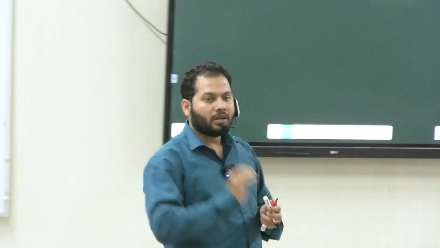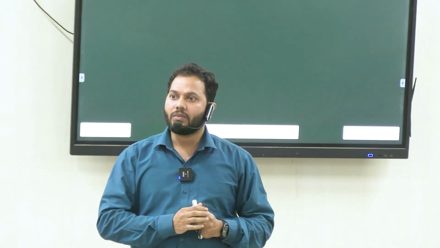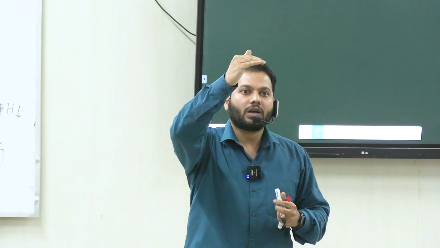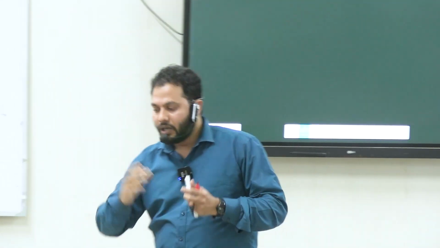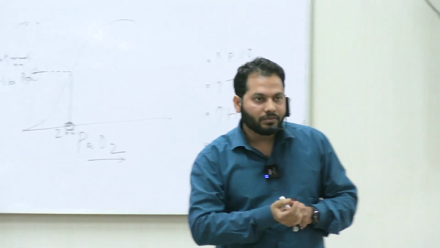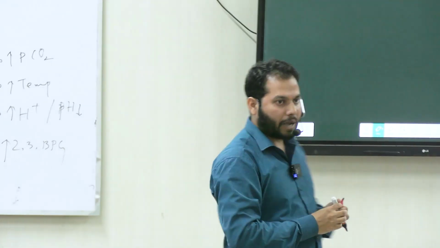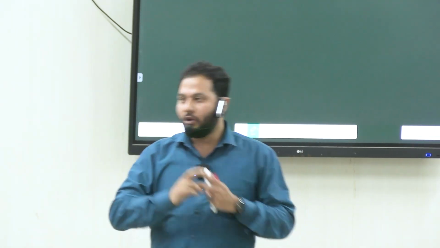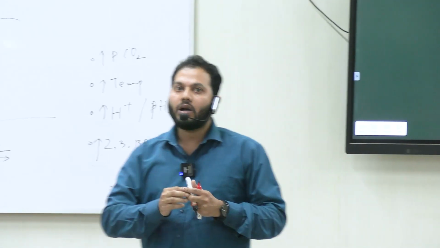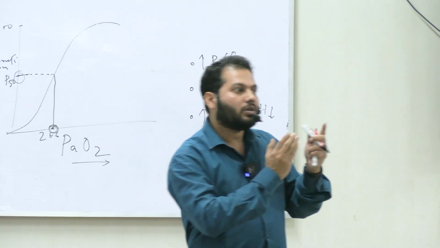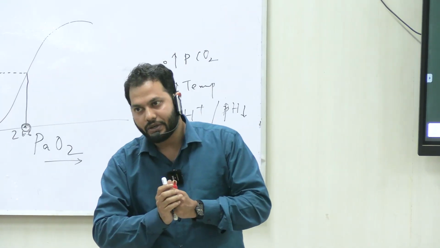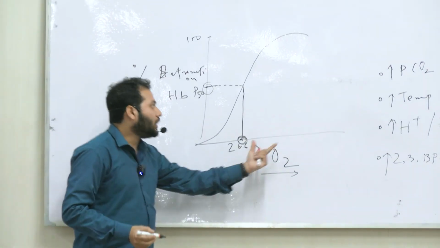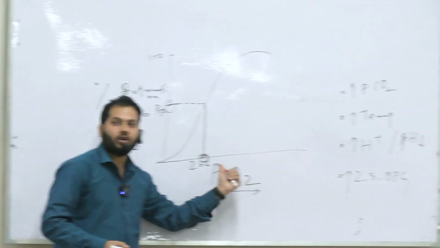It means when the partial pressure of carbon dioxide is high, like in systemic capillaries compared with pulmonary capillaries, you will find a sharp difference in the binding of hemoglobin with oxygen and carbon dioxide. So if the condition changes, the P50 also changes.